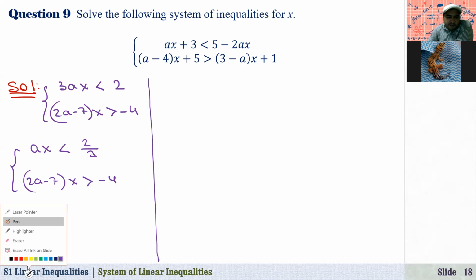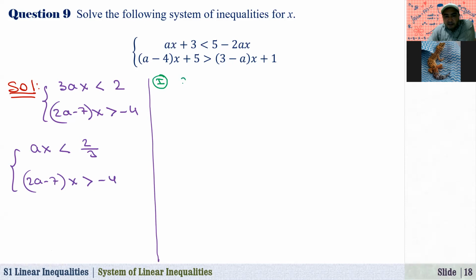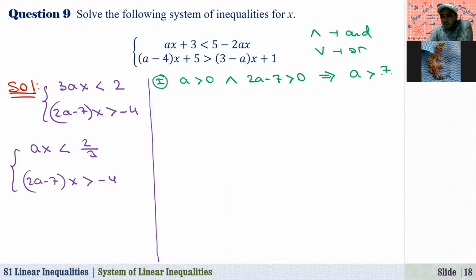So now the first condition. Our first condition, okay, a is positive, and this means and. Just understand this one as and, this one is or. That's short form. And suppose that a is positive and this 2a minus 7 is positive. So from here, where 2a is positive and 2a minus 7 is positive, that means a should be greater than 7 over 2.